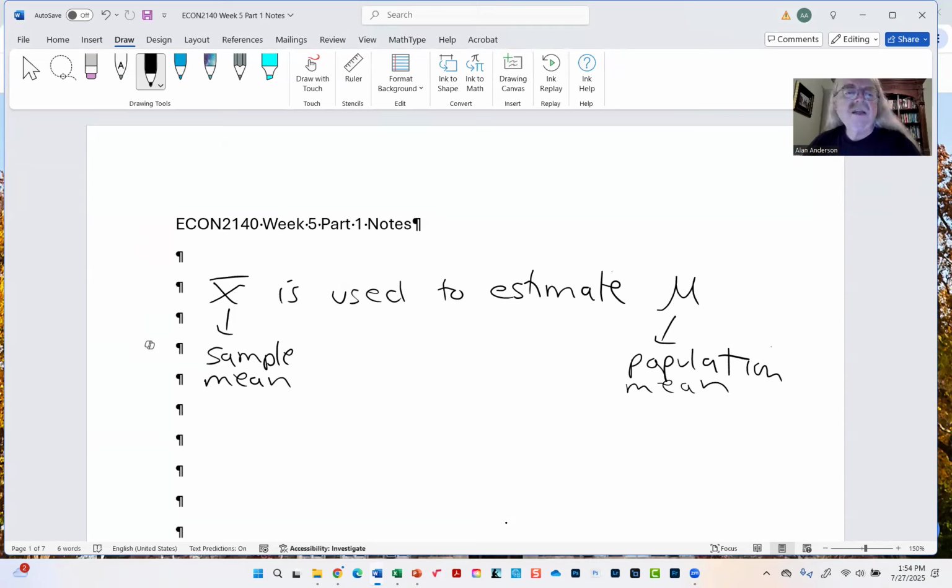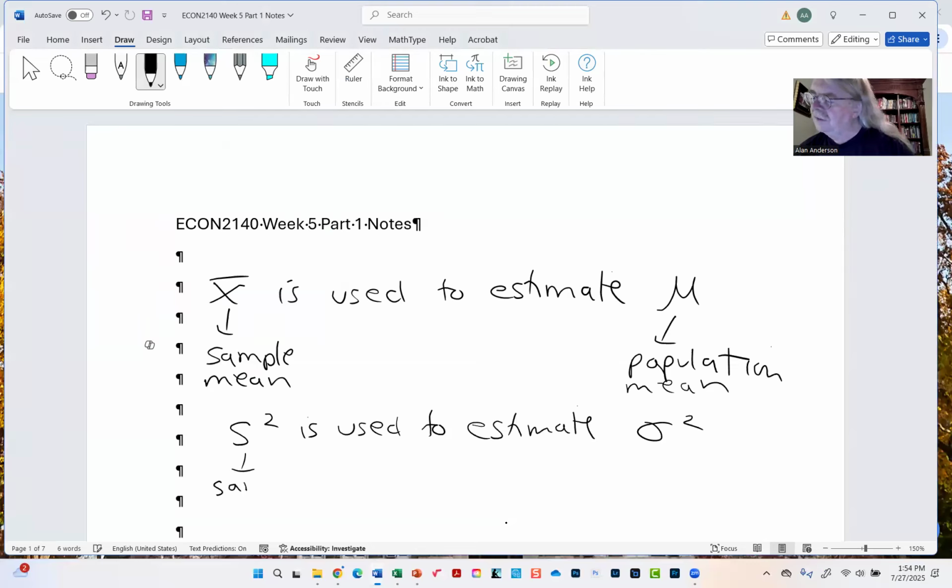So in addition to that, there's a few others that we know. For example, S squared is used to estimate sigma squared. Of course, that would be the sample variance. You can tell again because it's S, and over here it's the population variance because that is the lowercase Greek letter sigma.